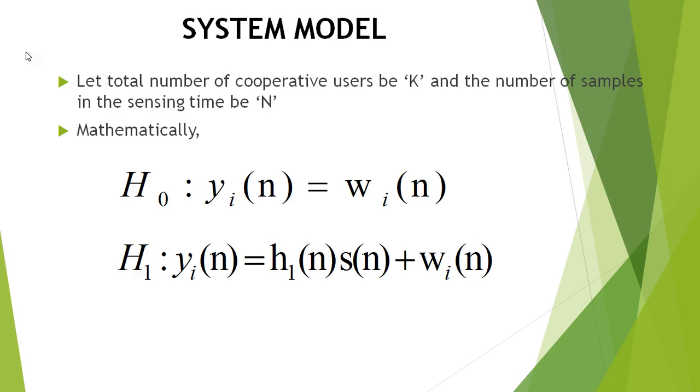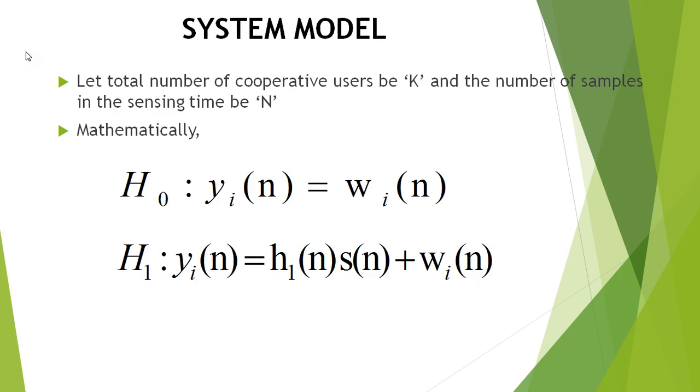For the ith secondary user, it is modeled as a binary hypothesis test to determine the absence or the presence of the primary user. This has been shown in the equations in the slide.